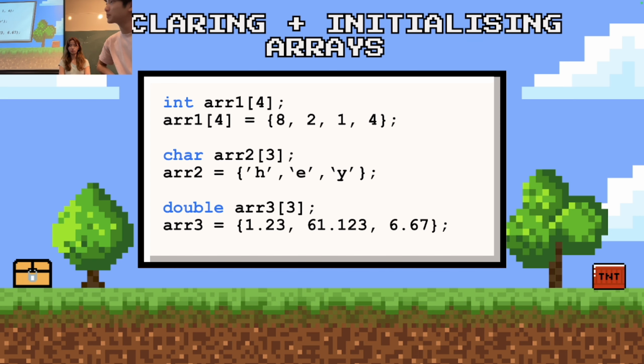Okay, so now character array 2, 3. 3 is obviously the size of the array again, and we're storing 3 characters in the array. And we put these curly brackets just because of the syntax of C. That's just how it works. And lastly, doubles. Does anyone know what doubles are? What else do we call doubles? It starts with an F. Floats, yeah, nice.